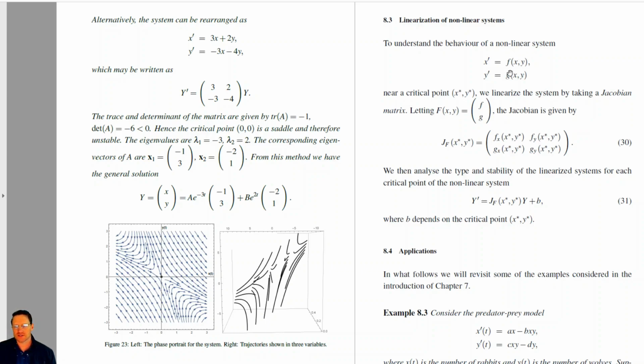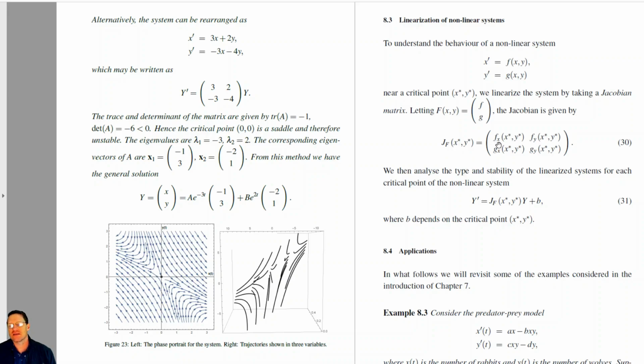It's just the collection of those two functions in a vector. So J subscript uppercase F at the critical point. That's what the stars are for, the critical point. So you've got to find the critical point before you go through this process, most likely.